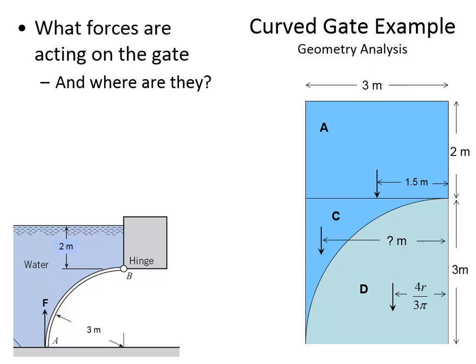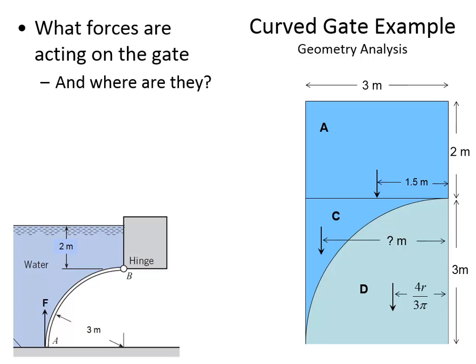It's 4 meters is the distance of that gate, and the unit weight of water, 9810 newtons per meter cubed. And so the force is 75,788 newtons. That's the force of the water acting down. We don't have the location of it yet.